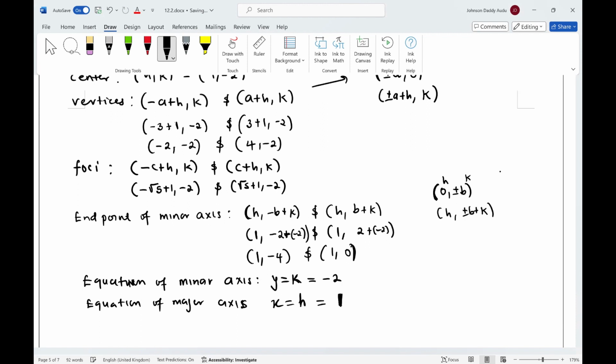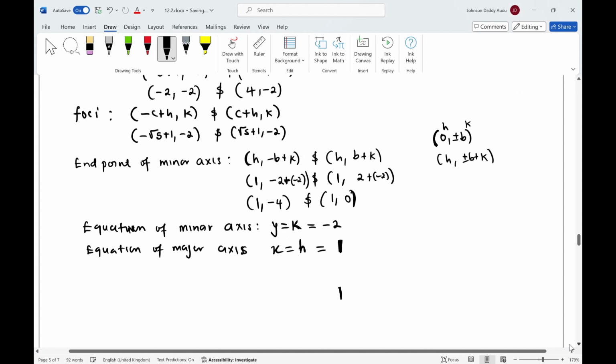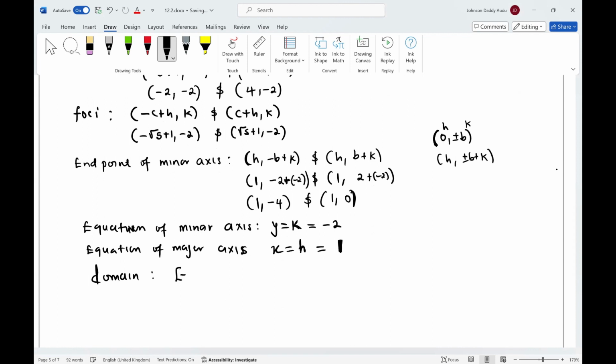So now what is the domain? We can talk about the domain and we can also talk about the range. The domain is going to be the values of x. So how do we get that? I think from the graph, you'll get that the domain is from minus 2 to 4, while the range, I think, is from minus 4 to 0.